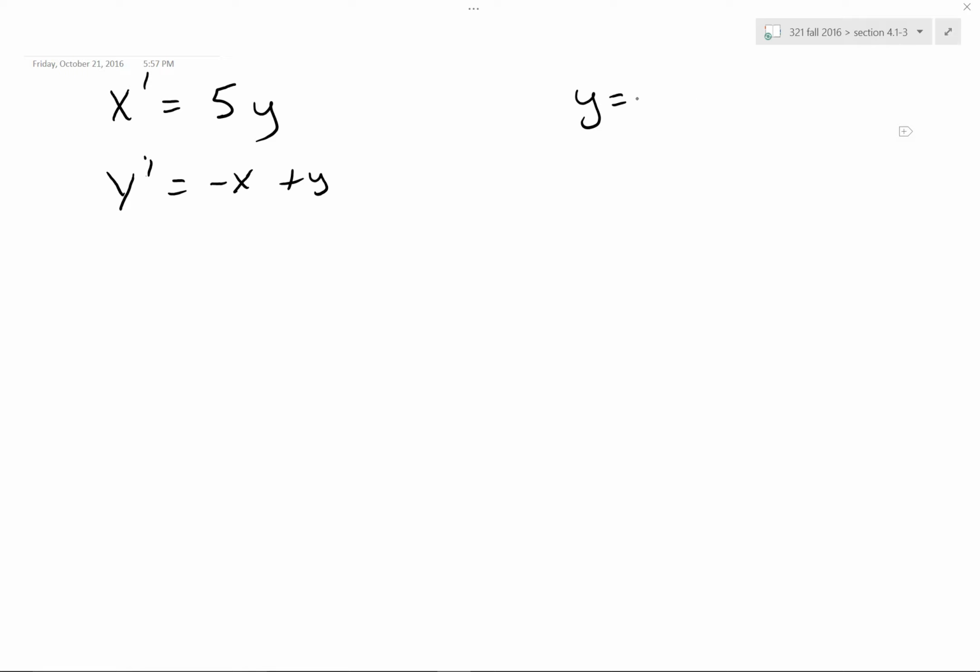So I know that y is equal to 1/5 of an x prime. So this becomes negative x plus 1/5 of an x prime is equal to y prime. Well, y prime is equal to 1/5 x double prime.